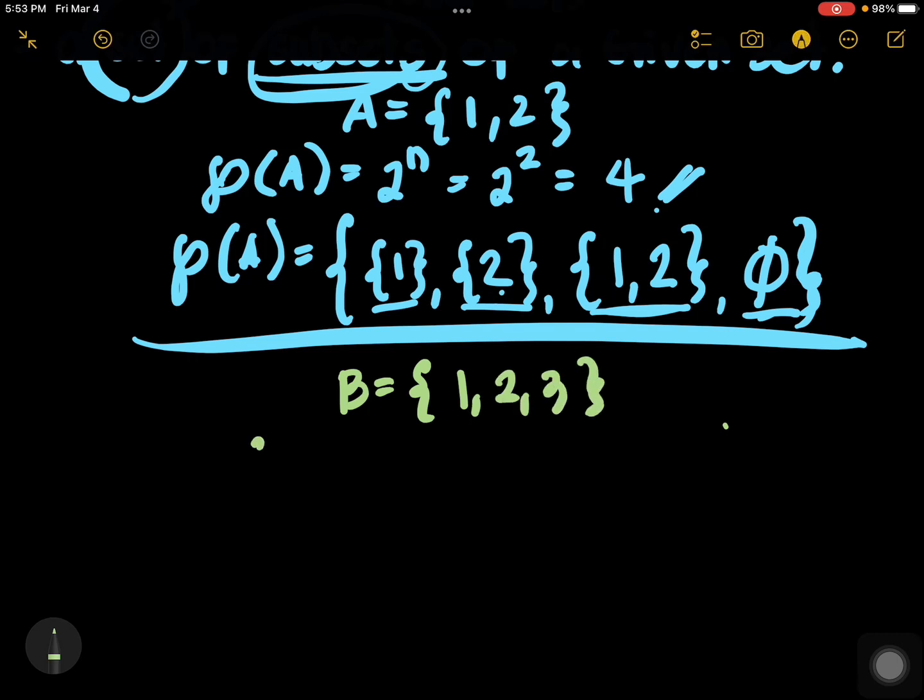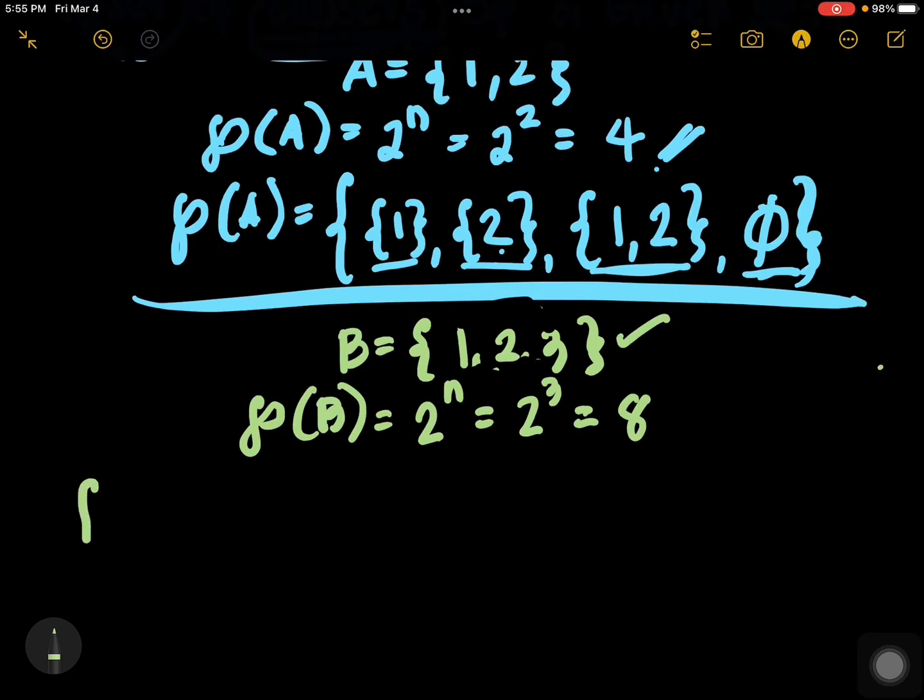So let's try to solve how many elements are in our power set. So we have 2 raised to the power of the cardinality, which is 3, so 2 times 2 times 2, we have 8. So let's try to find out the 8 elements or 8 subsets of the given set.